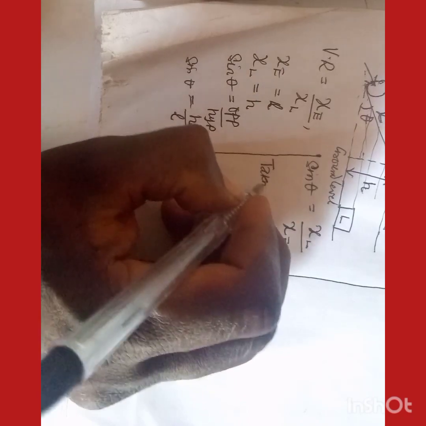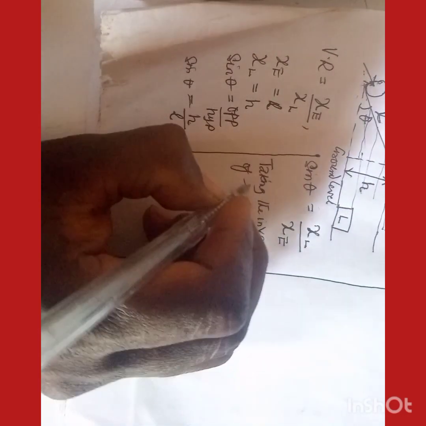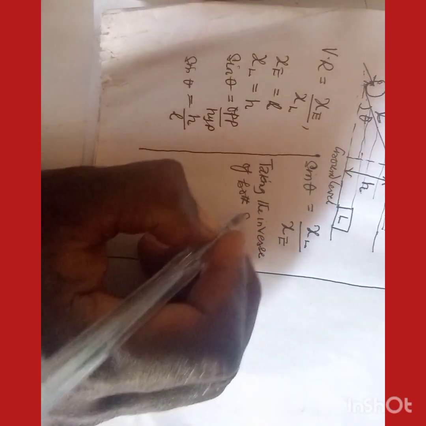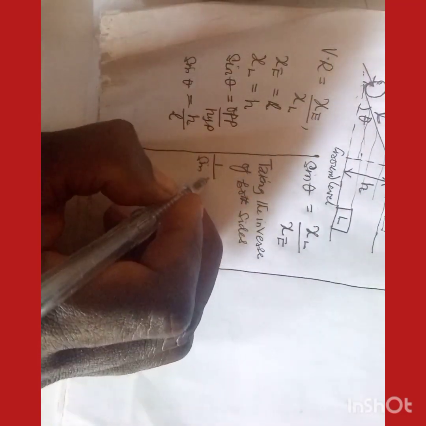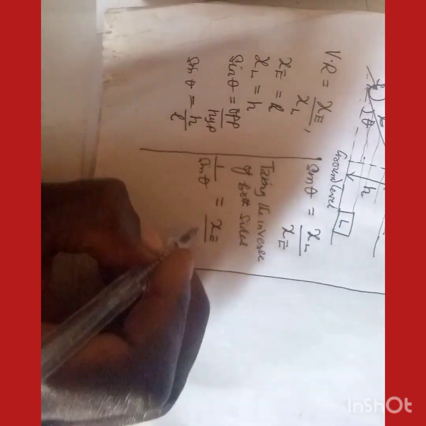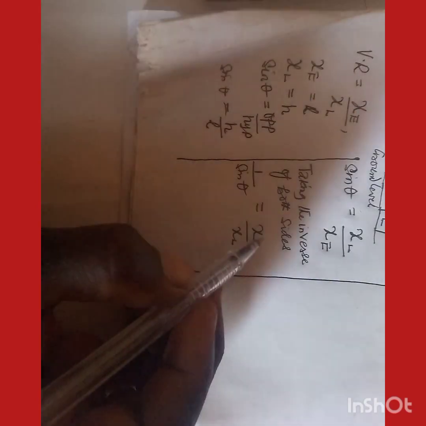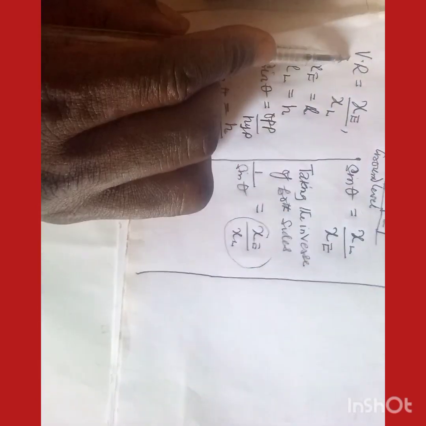Now taking the reciprocal, or the inverse, of both sides, we have that 1 over sine theta is equal to xE over xL, which now corresponds to our velocity ratio.